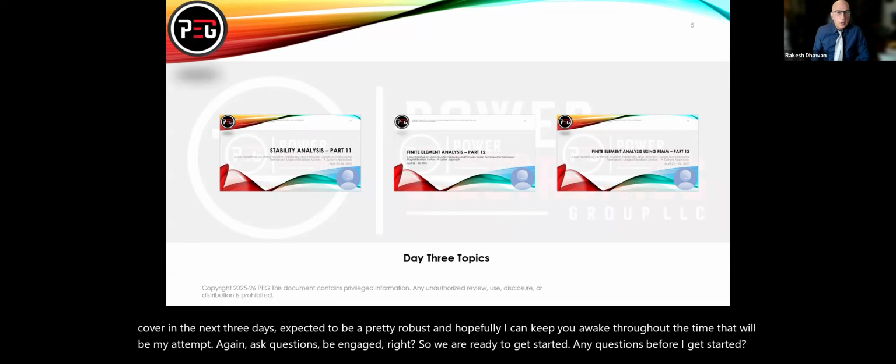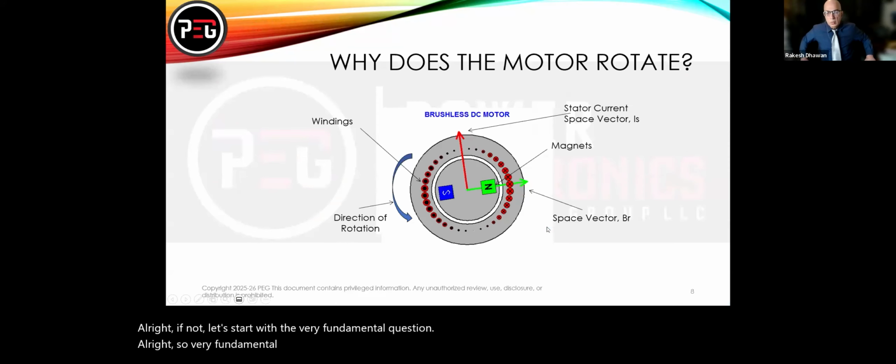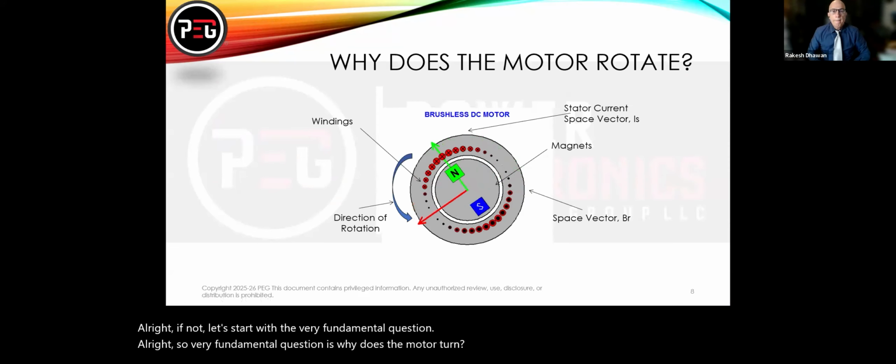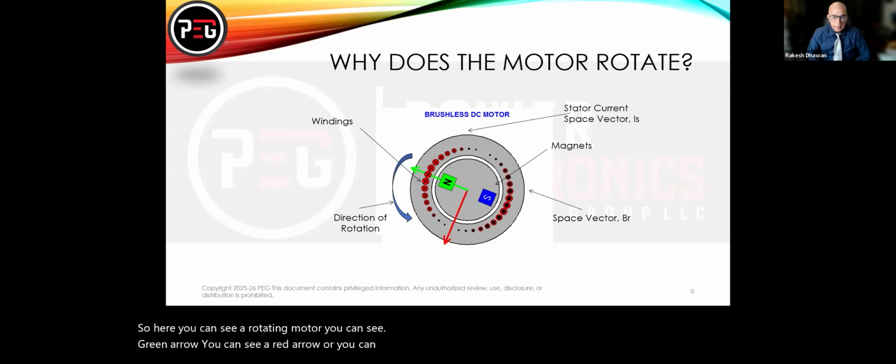All right. If not, let's start with a very fundamental question: why does the motor turn? Here you can see a rotating motor. You can see a green arrow, a red arrow, and a north magnet and a south magnet.